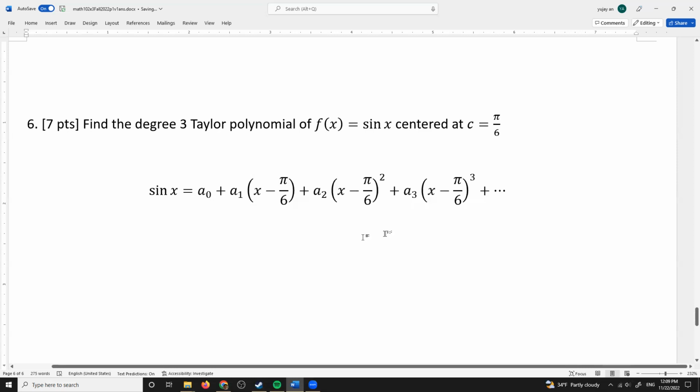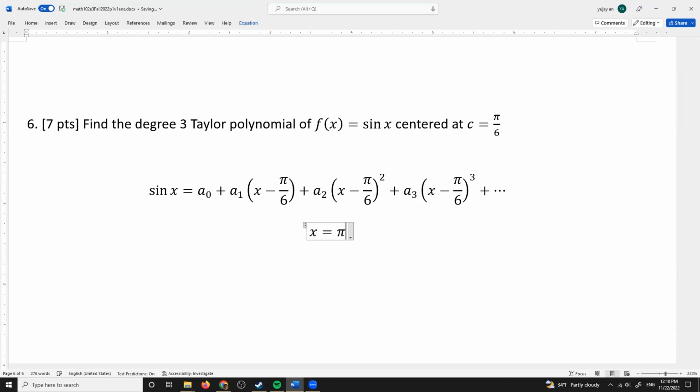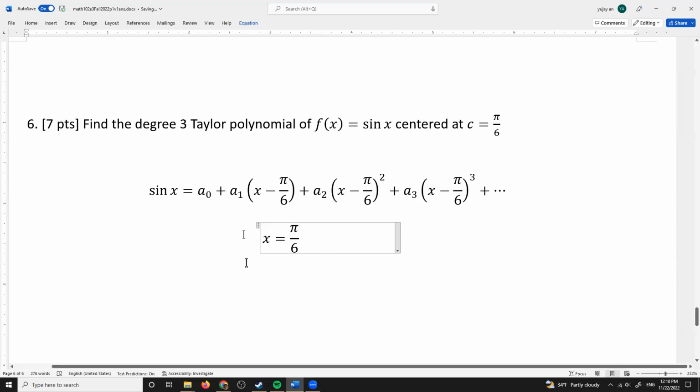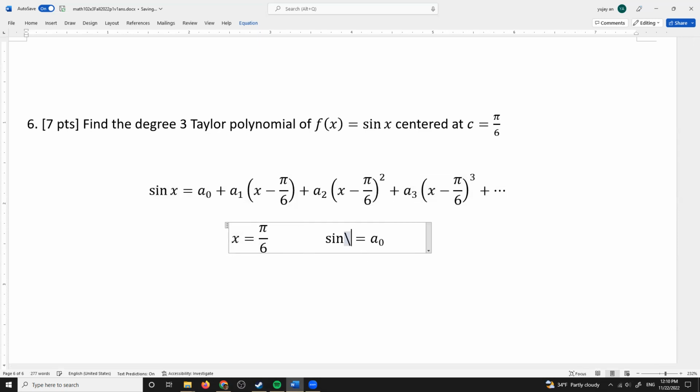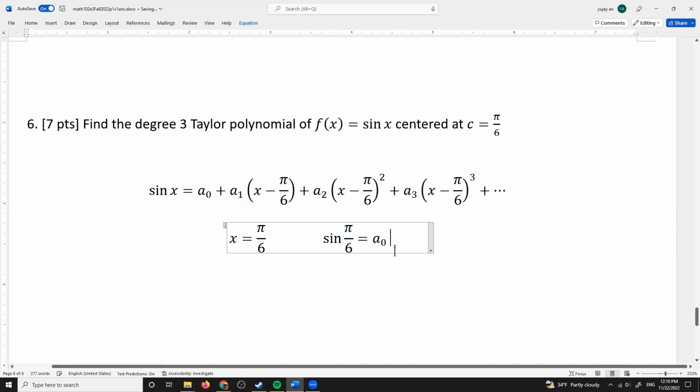Okay, so what should I plug in both sides? Anyone? x equals pi over 6. I just wrote it before I asked. So x equals pi over 6 will make everything go away except sine of pi over 6 equal to a0. Right?